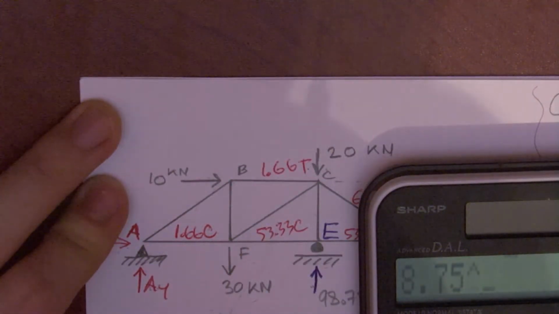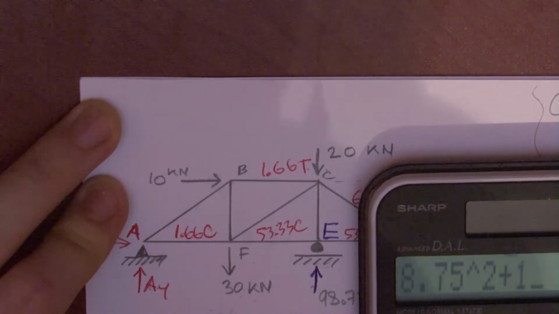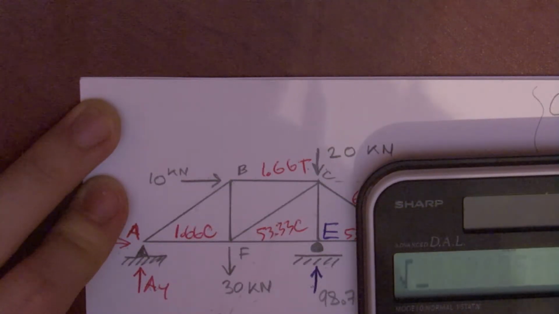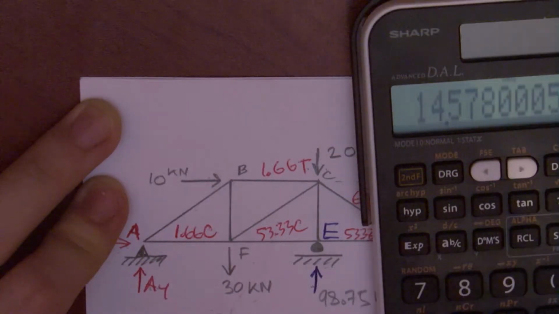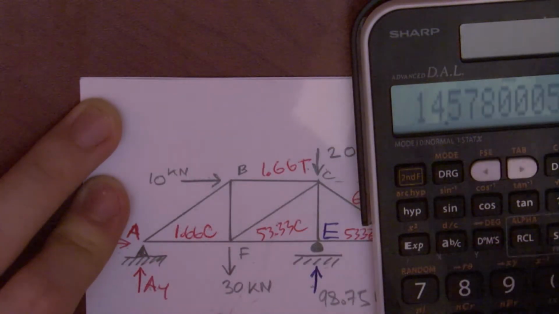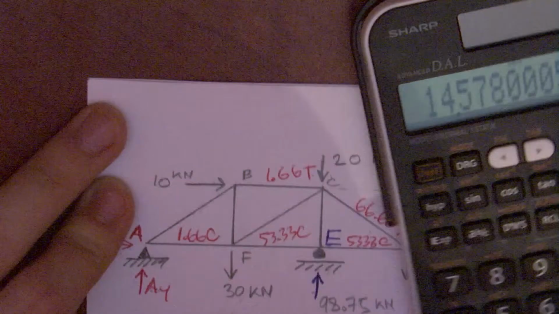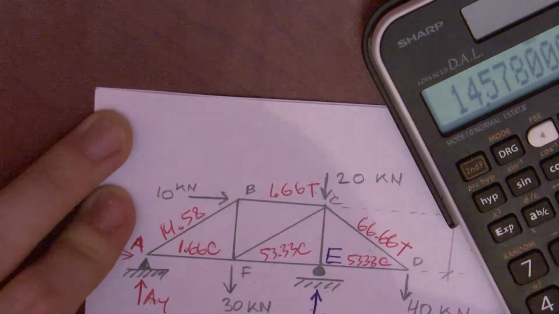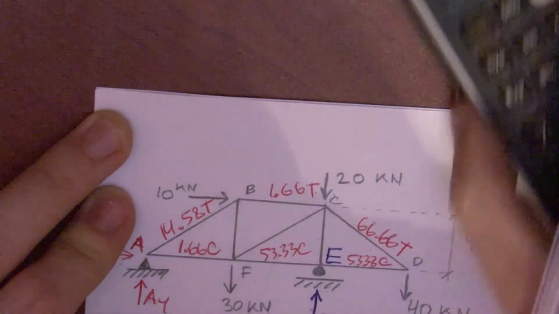Here we have to do that again, so 8.75 to the power of 2 plus 11.66 to the power of 2 is equal to that. Take the root of the answer, that's 14.58. That's pulling away, so that's also tension.